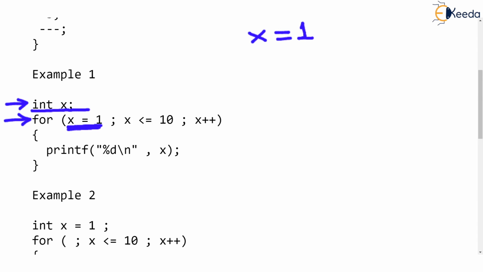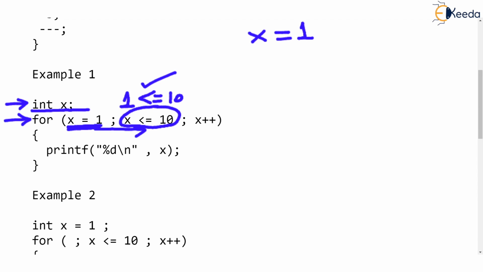After initialization, always, check my words, the condition is checked, the second portion. This condition is checked by putting in the value of x. What's the value of x right now? It is 1. And we are asking, is x less than or equal to 10? It is. 1 is less than 10, so the condition is true.